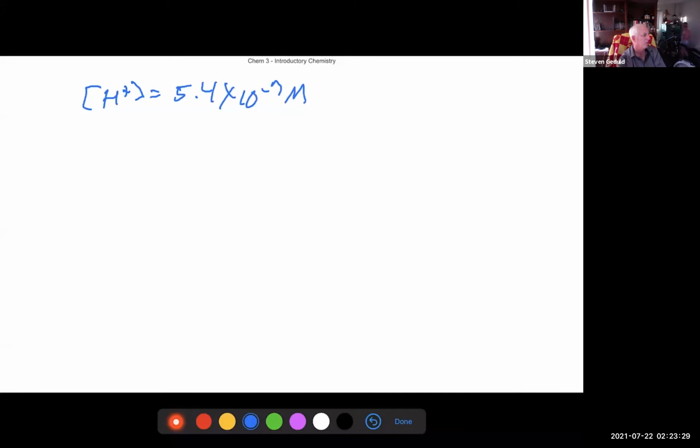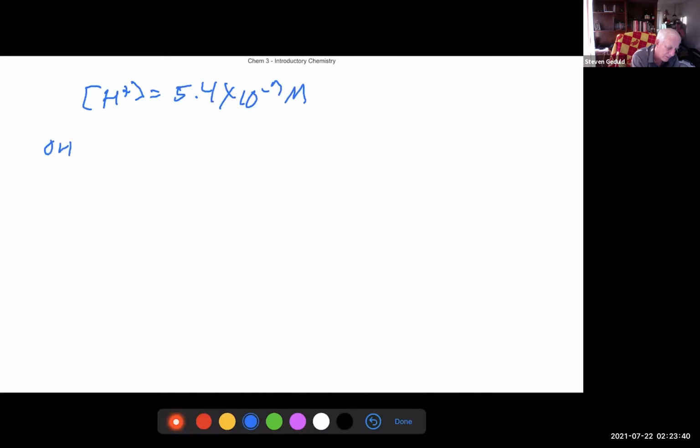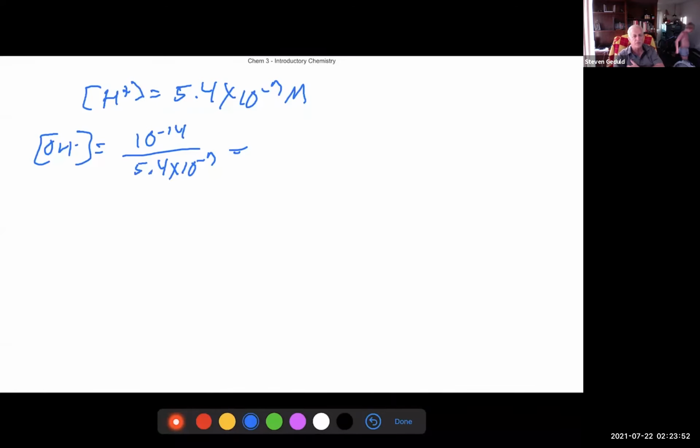You want to calculate the OH. So you know the H times the OH is always equal to 10 to the minus 14. So our OH minus is going to equal 10 to the minus 14 divided by 5.4 times 10 to the minus 7, because those two always have to equal 10 to the minus 14 in an aqueous solution.